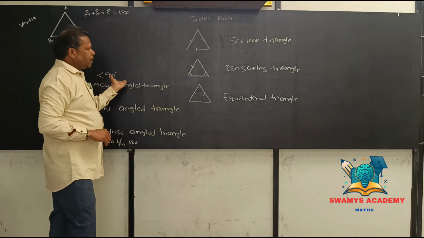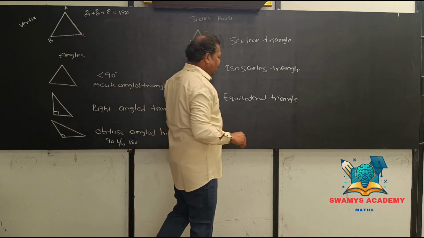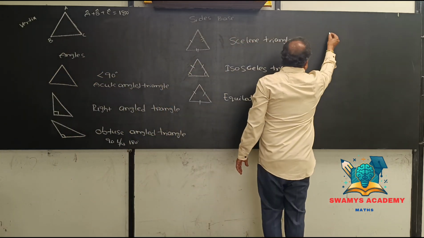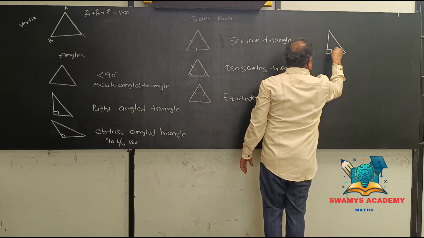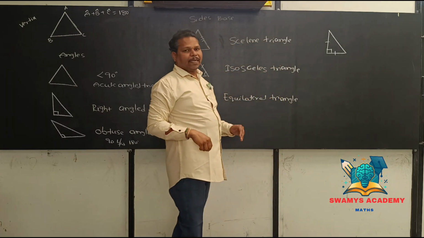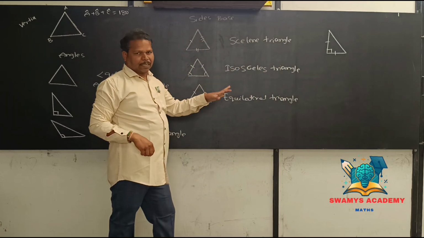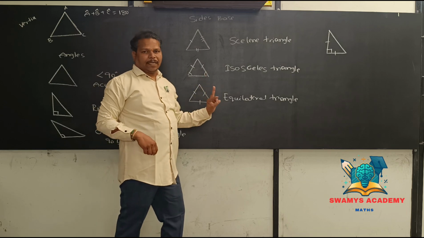Now, another one is here. Both together also exist. That is a right angle isosceles triangle. What do you mean by right angle? Exactly 90 degrees. What do you mean by isosceles? Two sides are equal.